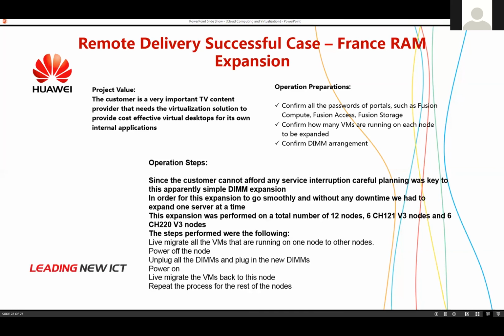We need to make sure we prepare this operation beforehand. We inspect every server, we see what VMs are running on it, and when the time comes for the operation, we migrate those VMs, then we migrate back, one server at a time. And this operation was also a success, and we can say that we're really proud of it.